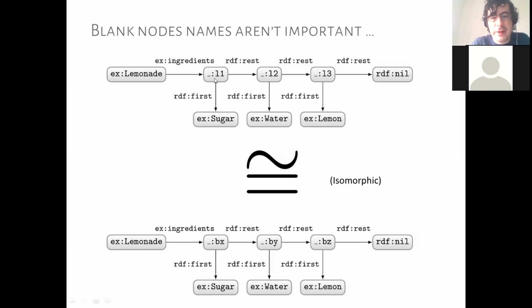So we can map L1 to X, L2 to Y, and L3 to Z, and we'll get exactly the second graph, right? All of the other terms, the predicates or all of the IRIs and literals, have to correspond exactly.